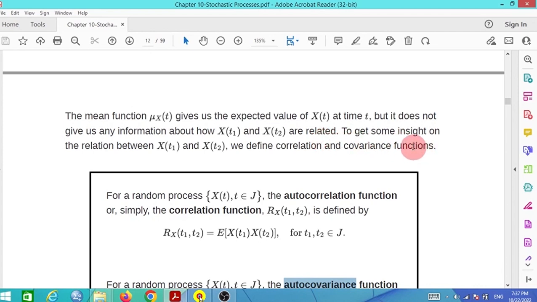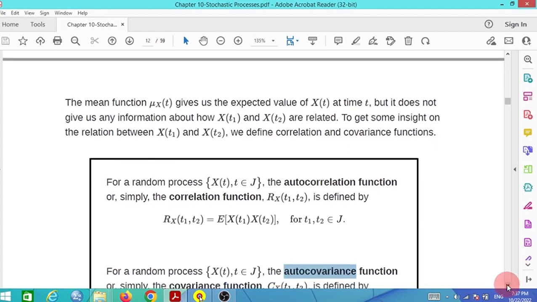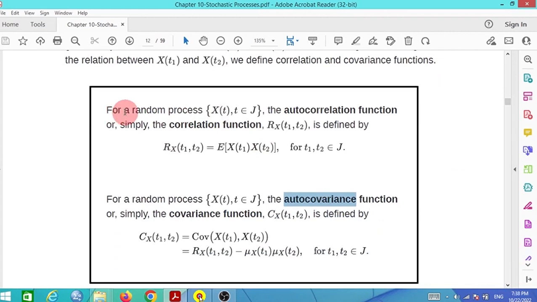To get some insight into the relation between xt1 and xt2, we define the correlation function. Let xt be a random process.